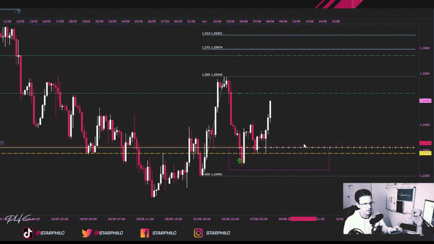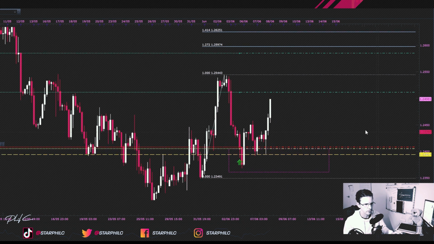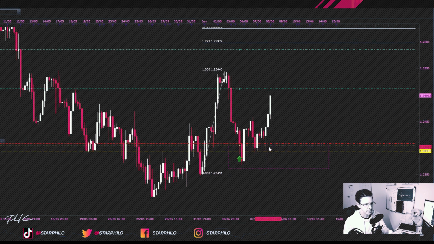And as you can see, as price action moves 3/4 of the way to target here, for those of you who have been following along with me for a while, you know that if price action comes 3/4 of the way to target, my stops get rolled to break even.